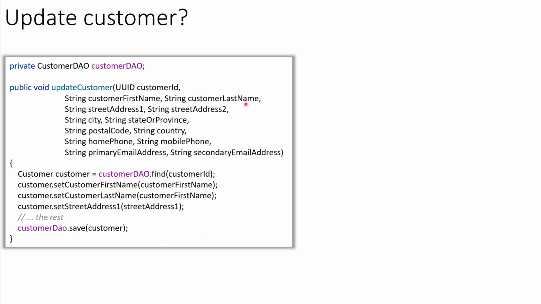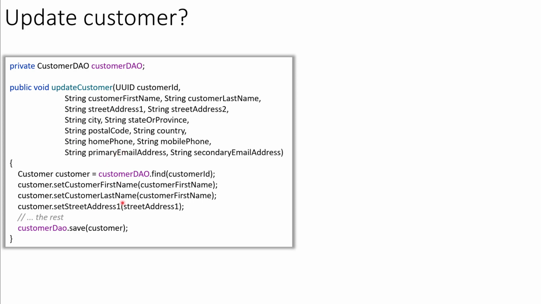If customer last name is not null, then we call this one. If customer street address is not null, we call this one, just so we don't update anything that shouldn't be updated or doesn't have a value, because maybe I only provide values where there is a change, so I can just give it a bunch of null values, but that's not even clear because it just does everything.